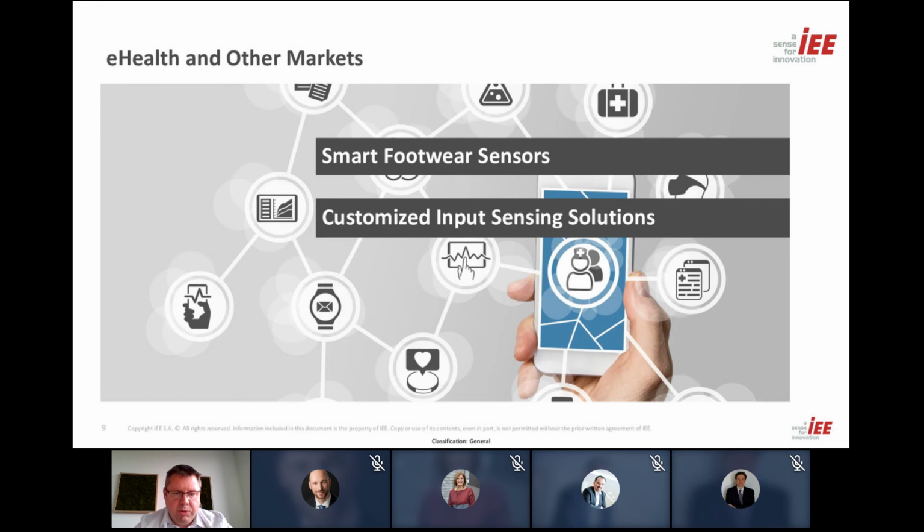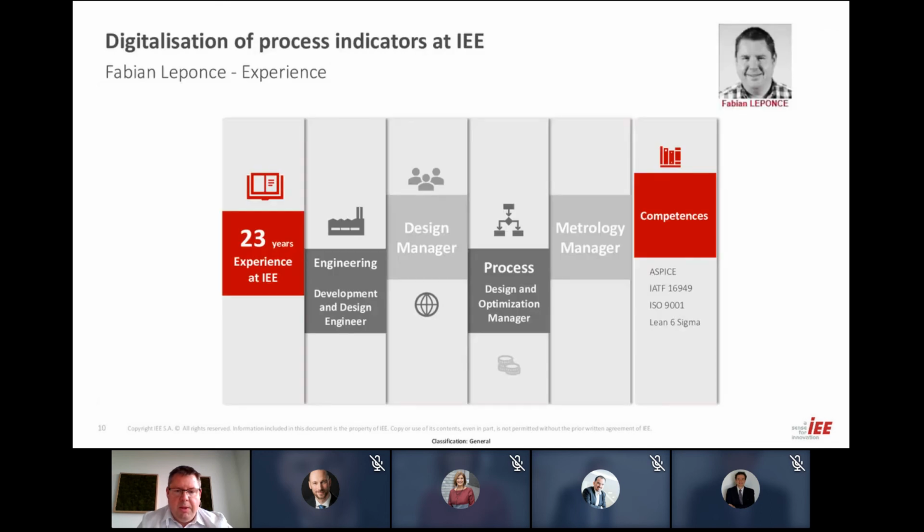And we also have some smart sensors in shoes and other applications. I've been at IEE for 22 years now. I started in the engineering department, then took responsibility for process design and optimization. And I'm now also responsible for the metrology laboratory.